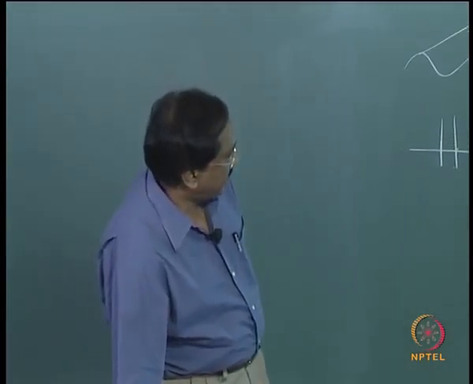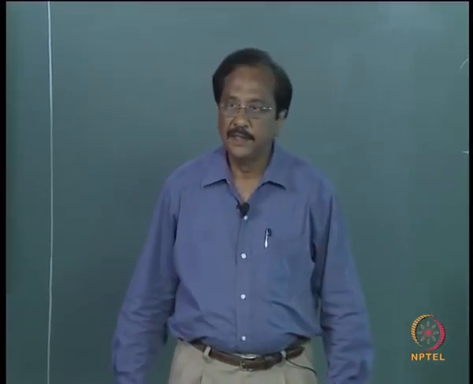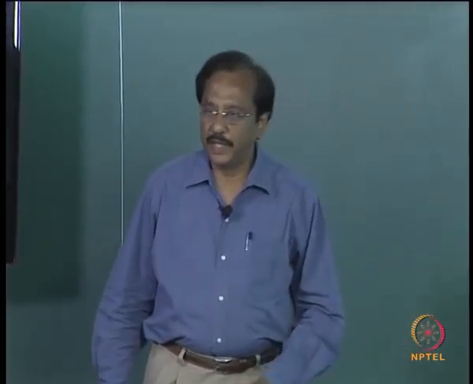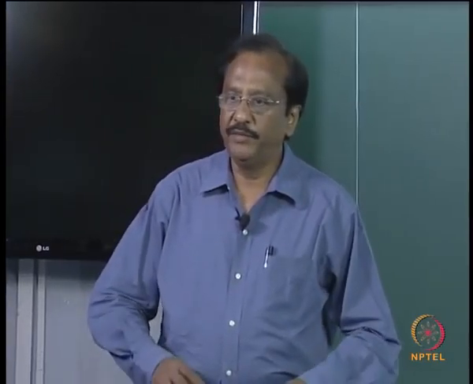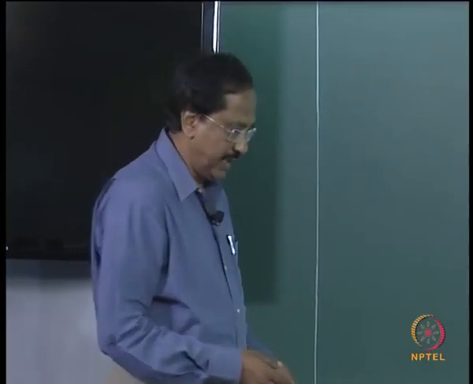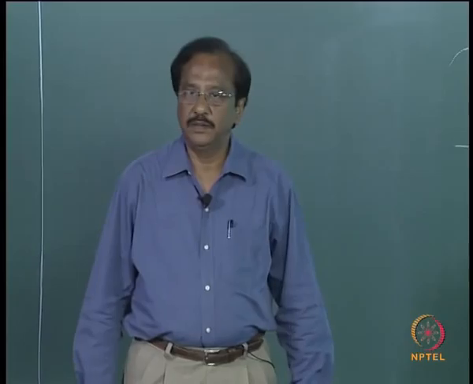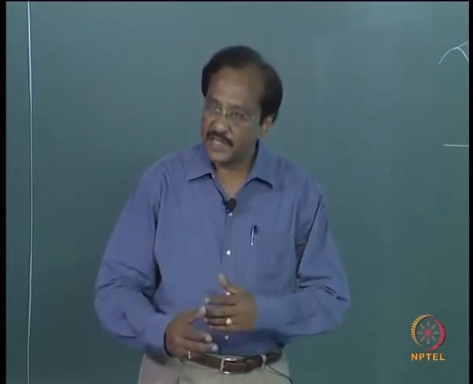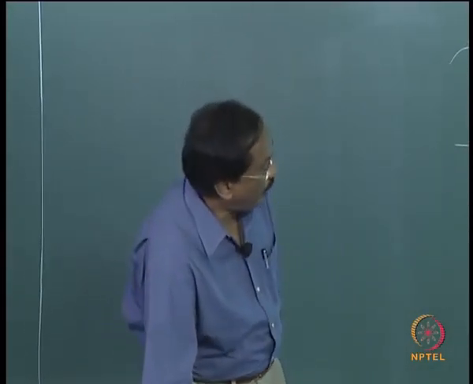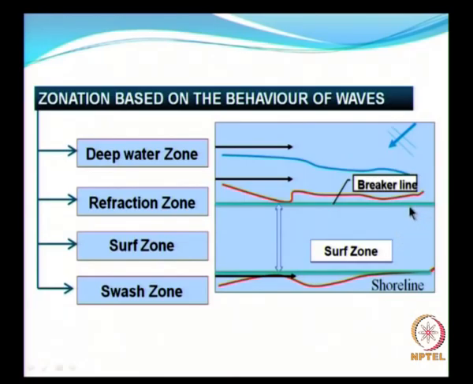Once the waves undergo refraction, although I have written it as a breaker line, it is actually a zone where you see the waves breaking. As I said earlier, the waves start feeling the bottom, attenuation is being offered, and then the waves start steepening somewhere close to the breaker zone, and the waves break. When you stand on the shore, you see the waves breaking.